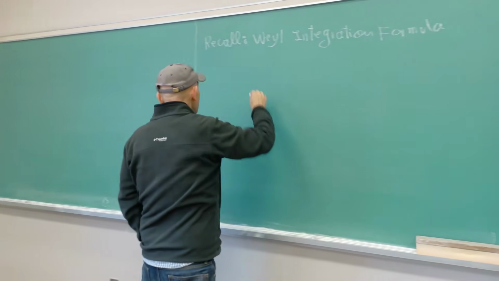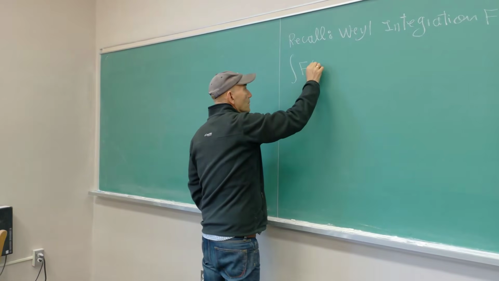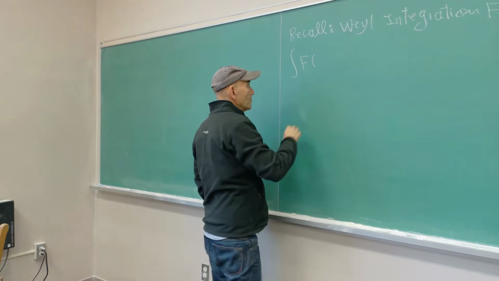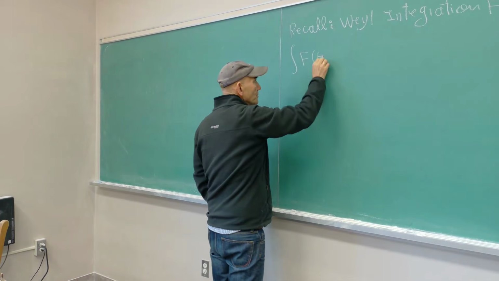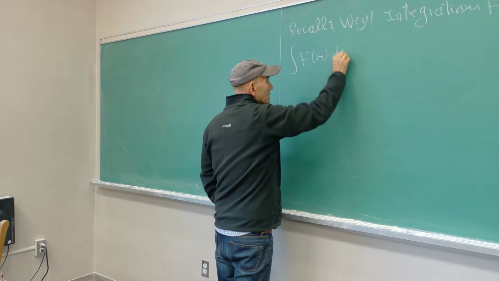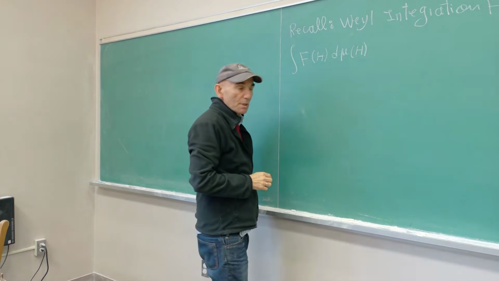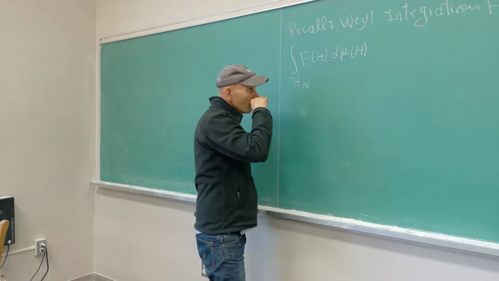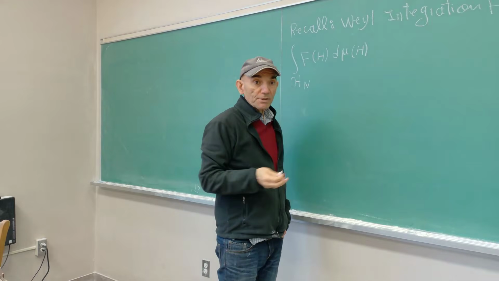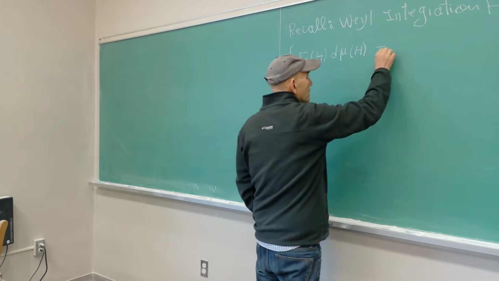So the idea was that you have an invariant function, and if you want to integrate it over the Hermitian matrices against this Gaussian measure, you can reduce it to an integration over n-dimensional space.